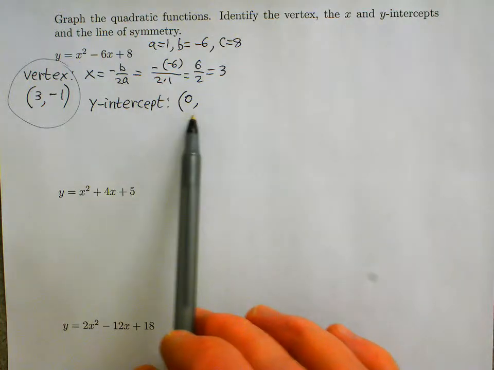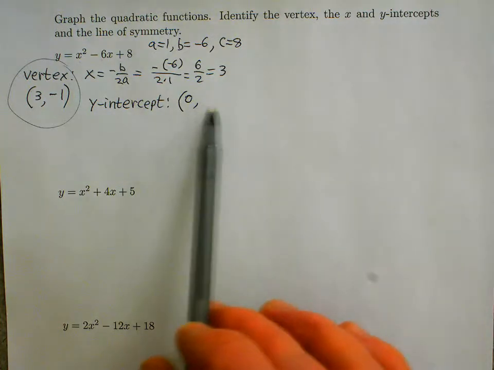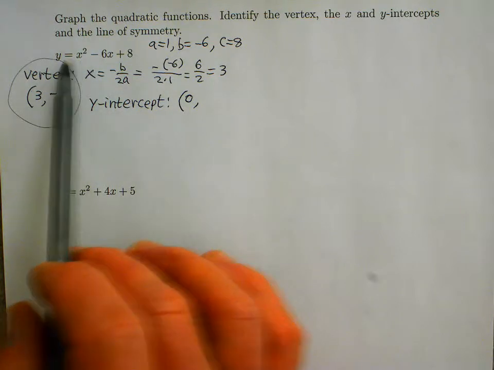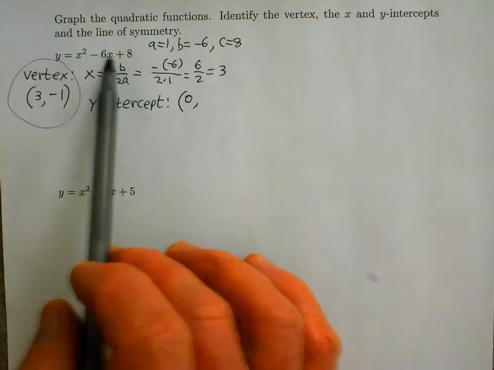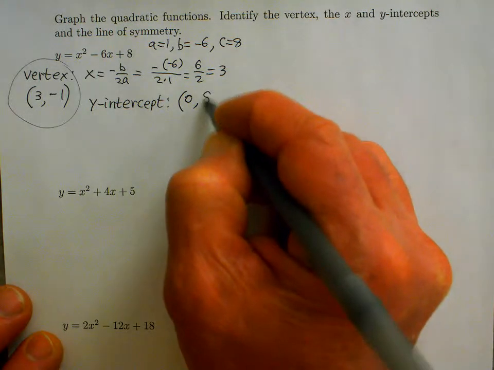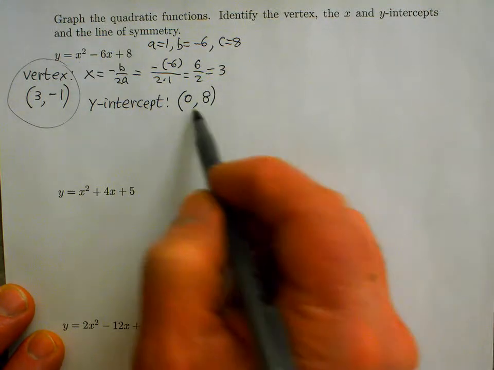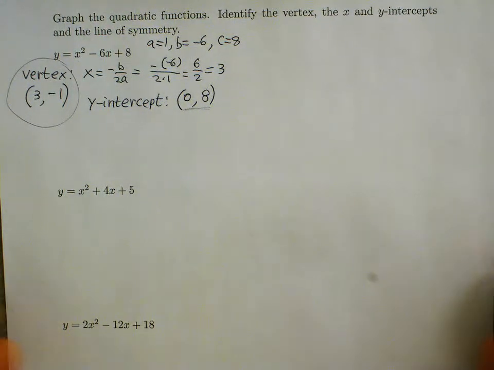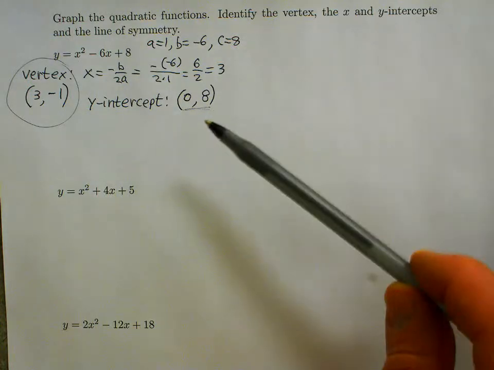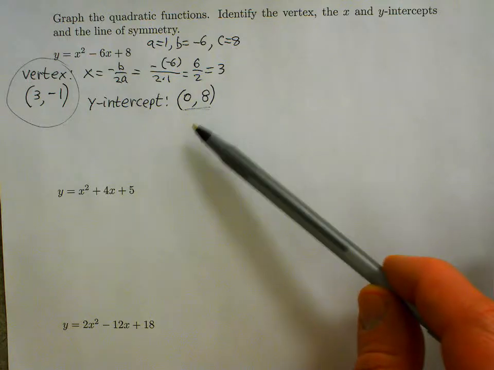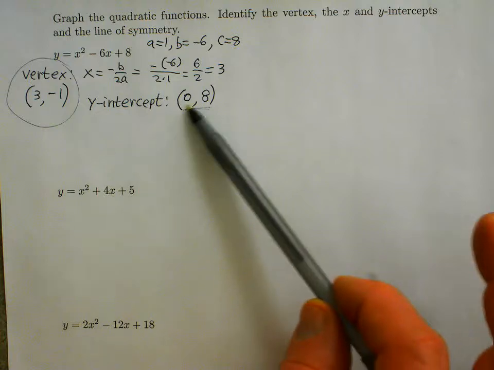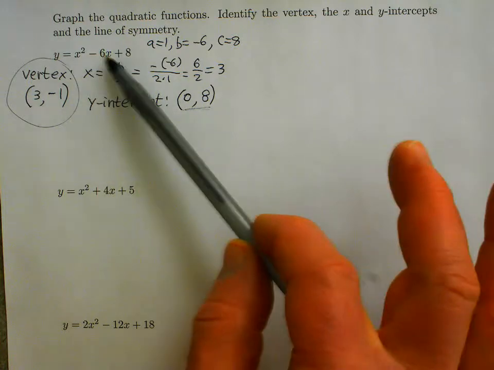So to find the Y coordinate of the Y-intercept, we go back to the function and replace X with 0. And when we replace X with 0, we get Y equals 8. So the Y-intercept is the ordered pair 0, 8. For quadratic functions, that's one of the easier things that you'll ever have to do, find the Y-intercept, because the X coordinate is 0, so in the function, replace X with 0.